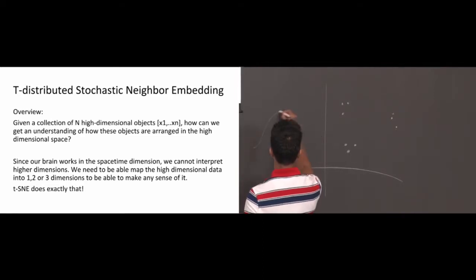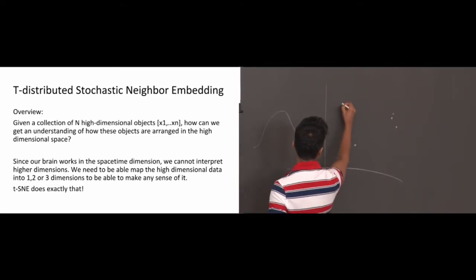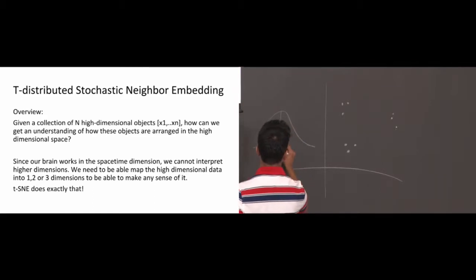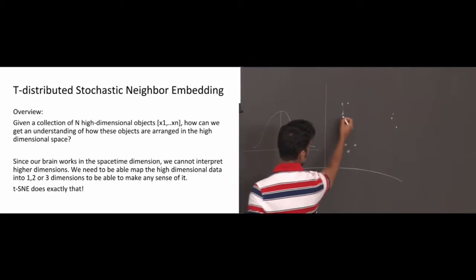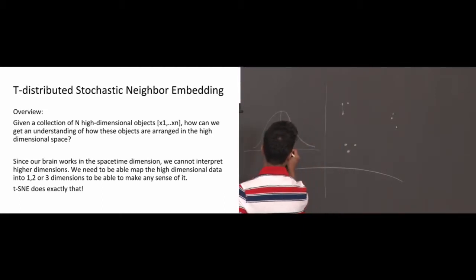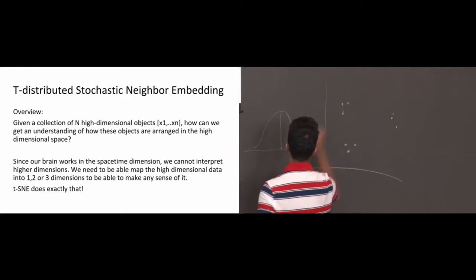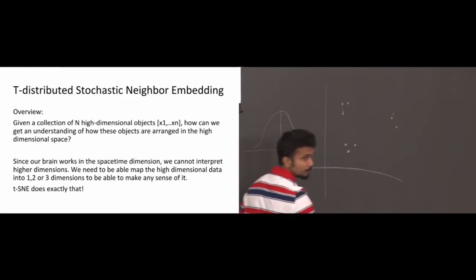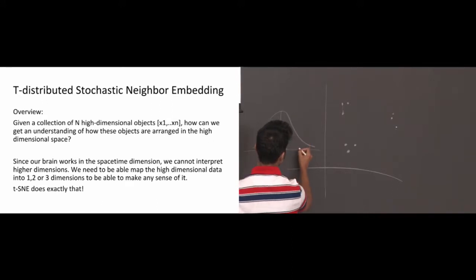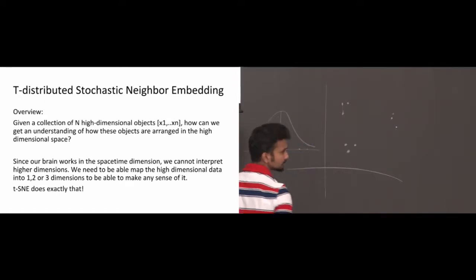So we have this distribution. Suppose you're starting with this sample. You calculate the distance with the sample. Because this sample is very close to this one, it is plotted here. Then this one is plotted somewhere here. And since this one is very far away, it comes towards the edge of the distribution.